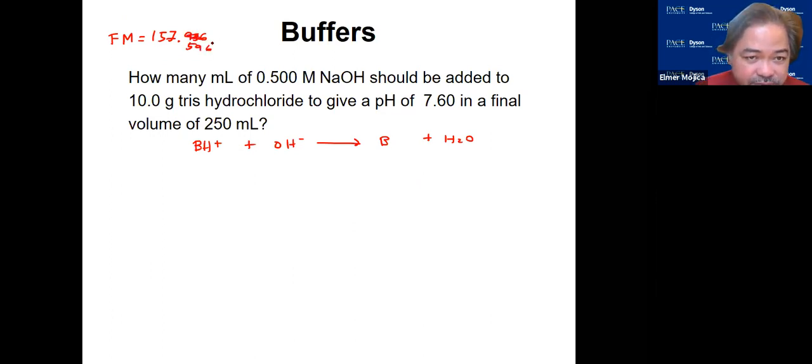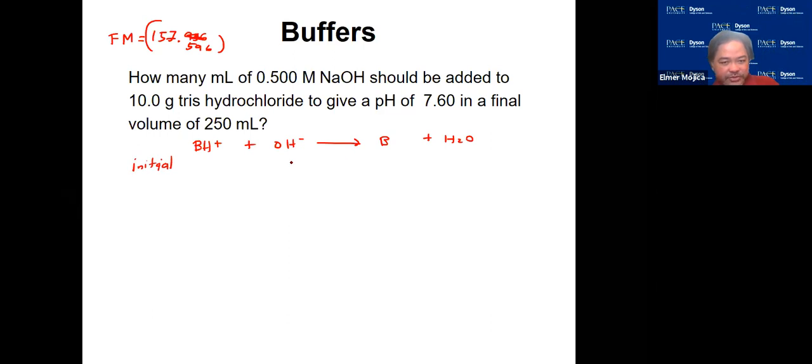This is from the previous problem still, just a continuation of that one. So what we need to do here is get the initial moles of each of the buffer system.